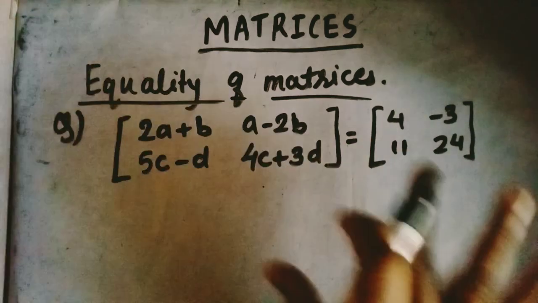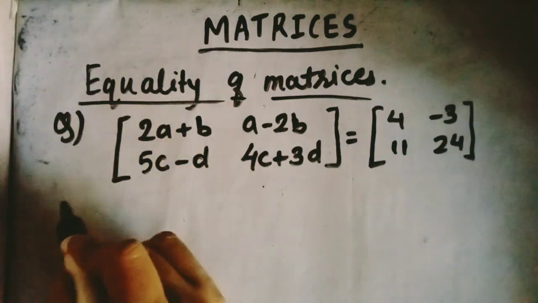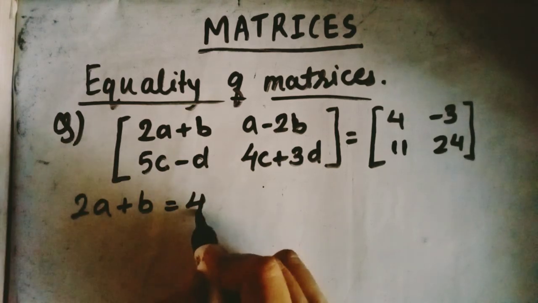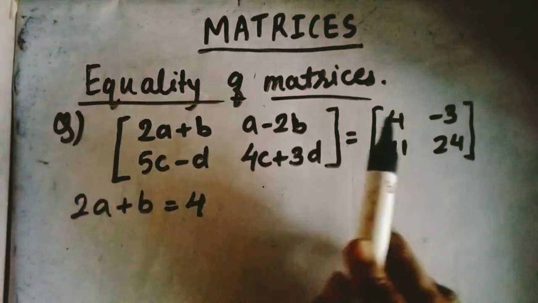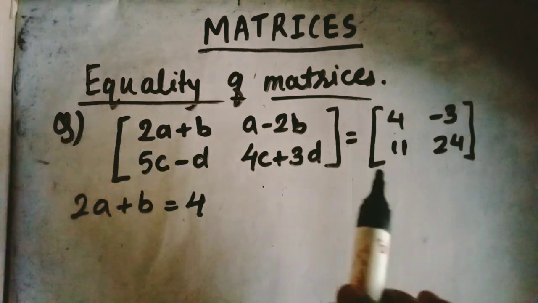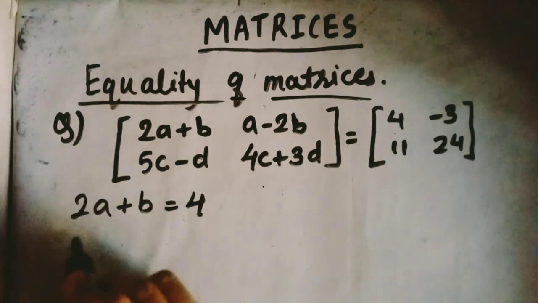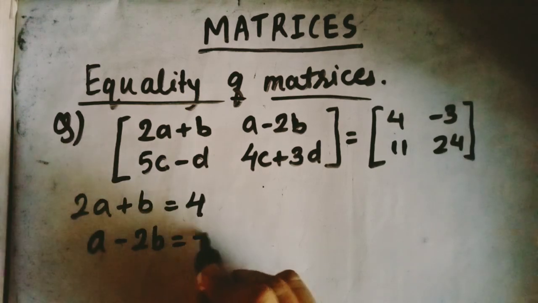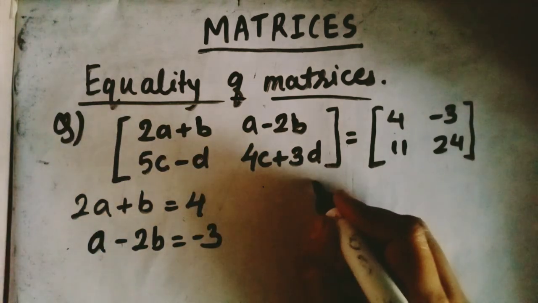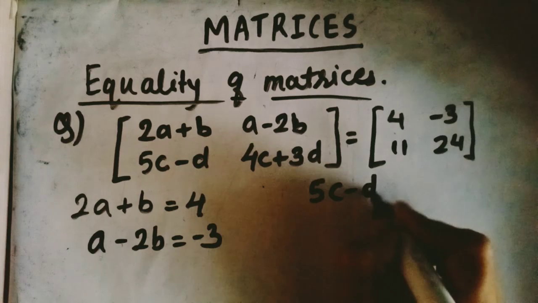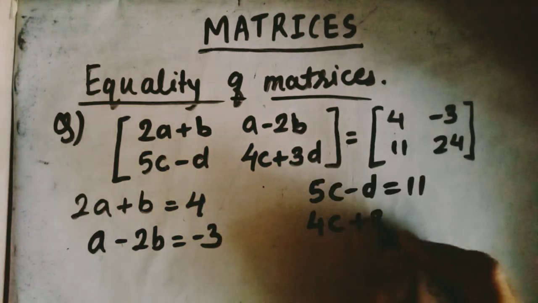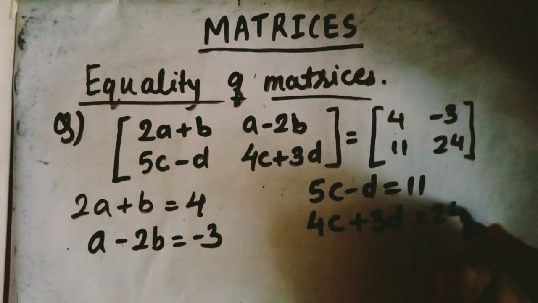From these matrices you can write the equations. 2A plus B is equal to 4, because the matrices are given to be equal. Then A minus 2B equal to minus 3, 5C minus D equal to 11, 4C plus 3D equal to 24.